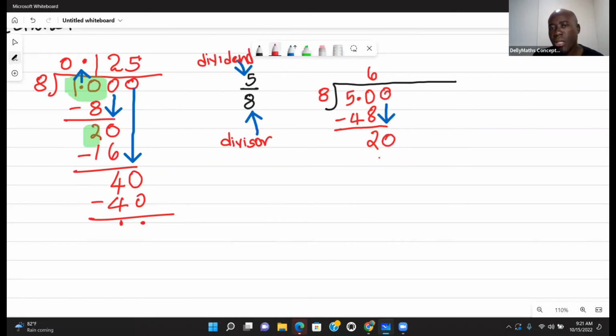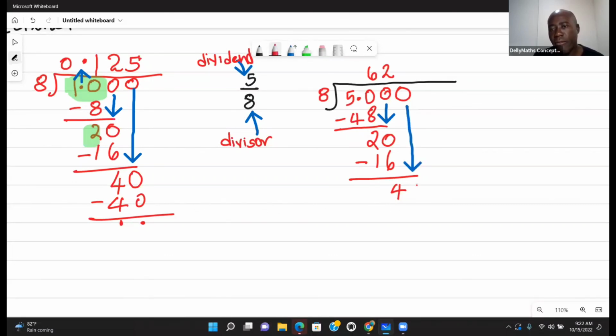So now we have 20. So 8 into 20, that's 2 times. 2 times 8, that is 16. We subtract. When we subtract, that's 4. That is still not a 0. That means we're still not at the end. So then we're going to have to introduce another 0, and then we're going to bring it down.